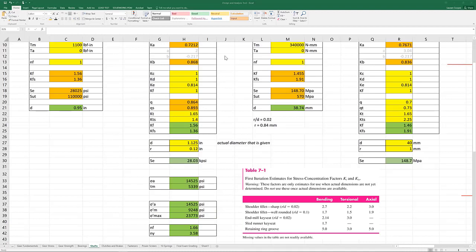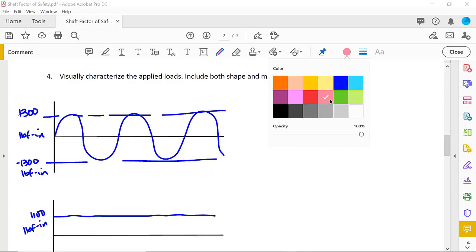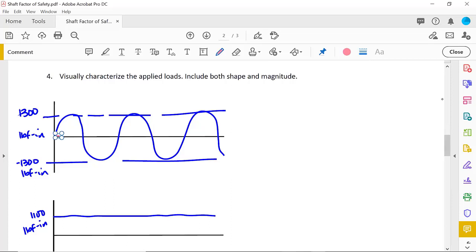So you might be wondering why we don't have a sigma M and a tau A, and it's because in our situation, these stresses are 0. So let's go back to what our applied loads look like. So in this case, our mid-range bending moment, where MM equals 0.